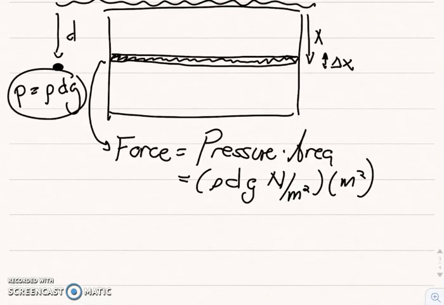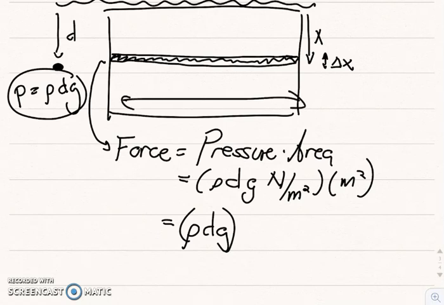So what do we get in this case? Well, the pressure is rho dg, and the area is, well, what do we have? I didn't give you the length, I'm sorry. Let's assume that the width of the total plate is, say, L meters. So we have L meters times delta x for the height.